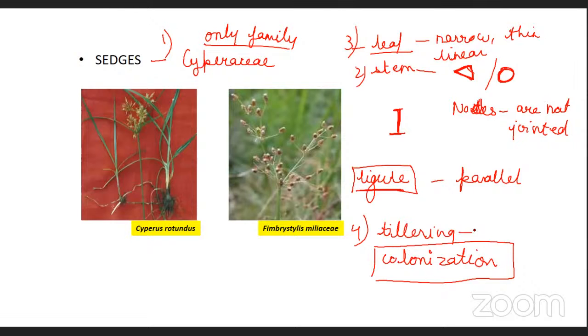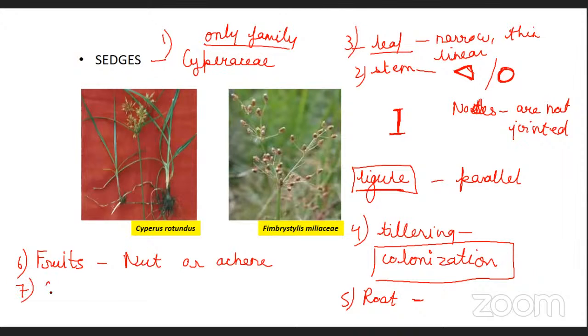Okay, and if we talk about the root, they also have the same adventitious or fibrous roots, and then we have the fruit type. Usually in the sedges we have a nut type of fruit, or you can say the achene type of fruit, but not the caryopsis type.